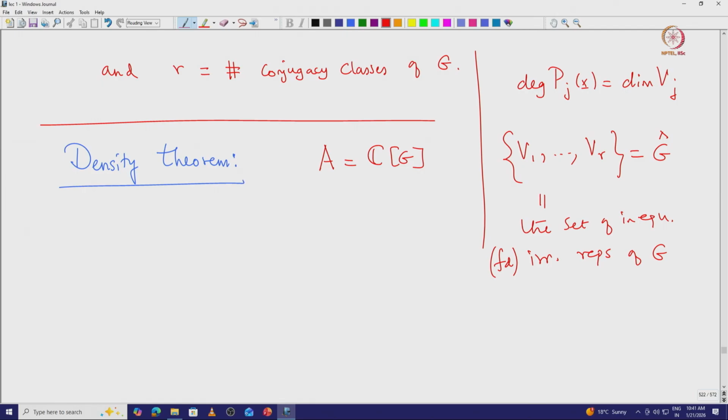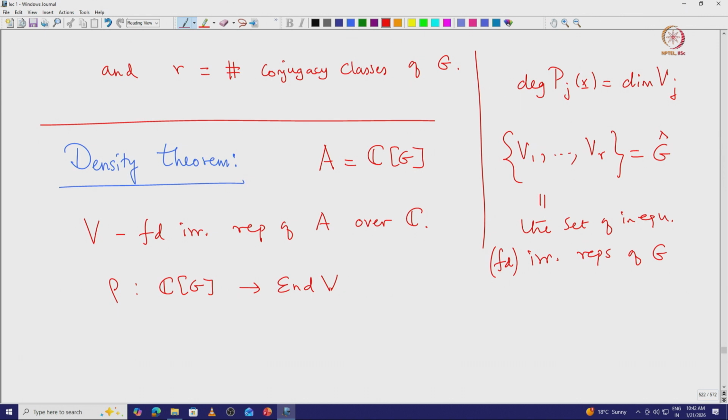So, we take V, a finite dimensional irreducible representation of A over C, and let the representation map be rho, a map from CG to the endomorphisms of V. If I think of it as a representation of CG, it is a group algebra homomorphism from CG to End(V).